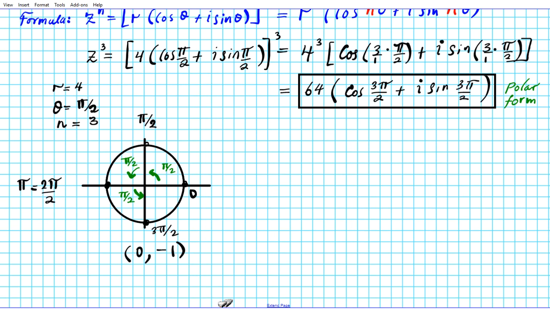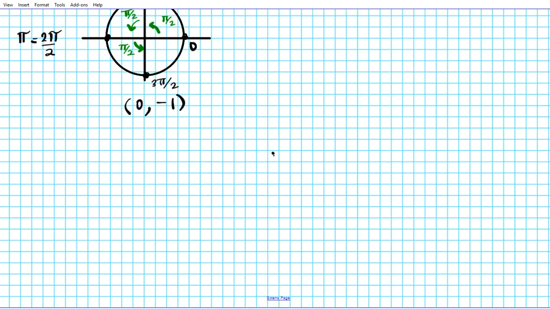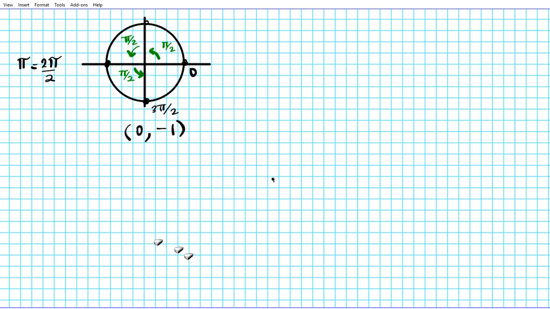Alright, so for the unit circle, you have to remember that the x coordinate is cosine and the y coordinate is sine. Okay, so you can use the idea y sine to help you remember that the y coordinate is sine, and then the other coordinate x is cosine theta.